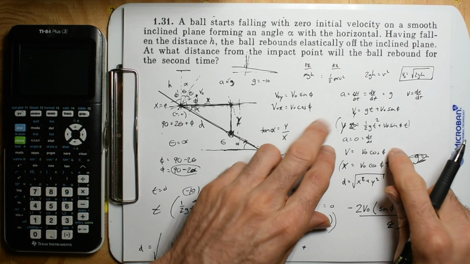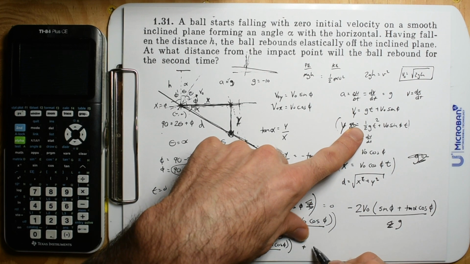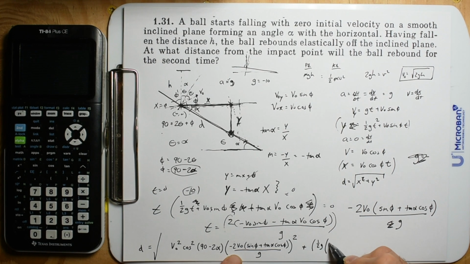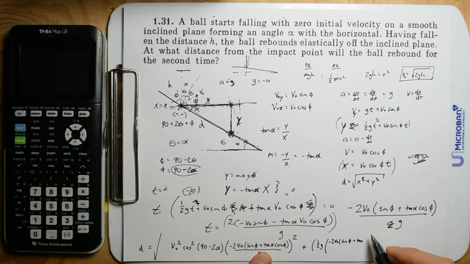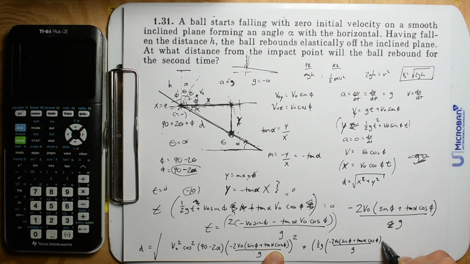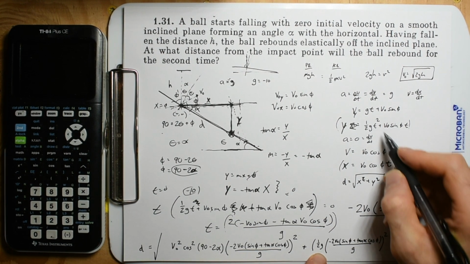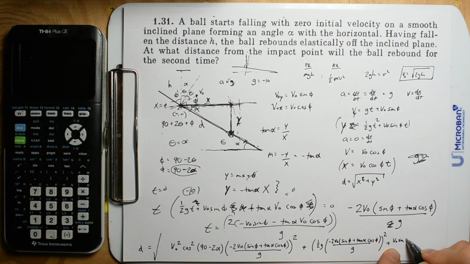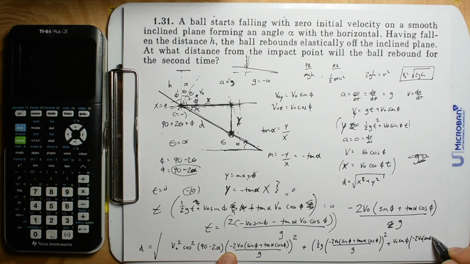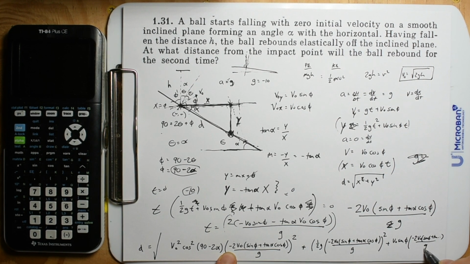So now we have y. We're going to take this y equation and square it. So we got 1/2 g, and now we take this craziness, 2v naught sine phi plus tangent alpha cosine phi divided by g, and we're going to square that, and then plus v naught sine phi times t again, 2v naught sine phi plus tan, I think you get it, divided by g.